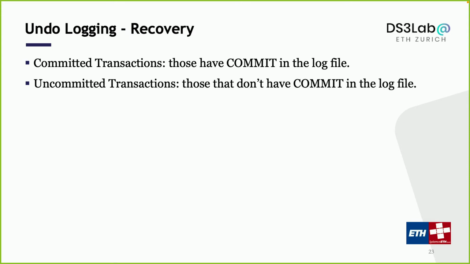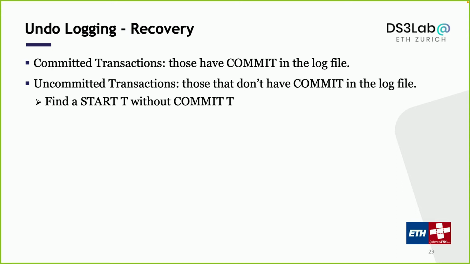If you do not have that, then that transaction is not committed. What I'm going to do is, when I reopen the machine, look at the log file. I will look for all the transactions in the log with a start but without a commit. Those are the transactions that were actually interrupted by the crash.